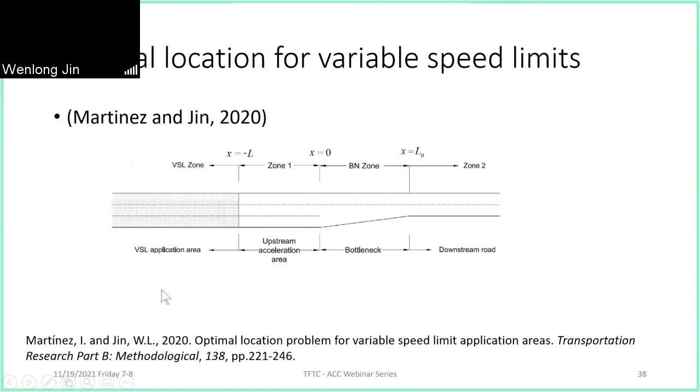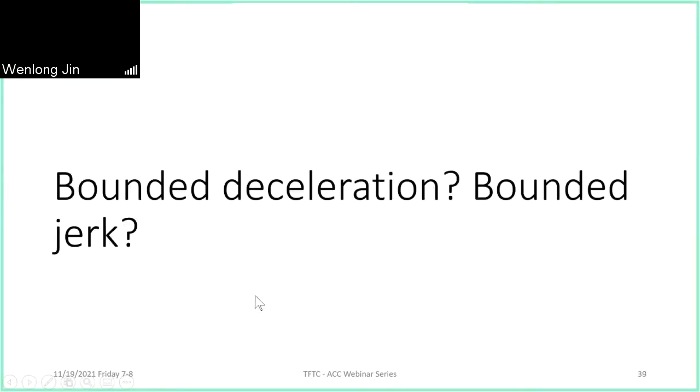She was able to solve it and find that indeed there is an optimal location for variable speed limits. Basically, if this variable speed limit zone is too close to the bottleneck, then the capacity drop cannot be eliminated. It has to be sufficiently farther away, but it cannot be too far away, right? If it's too far away, then it will create a queue, and you can further block upstream on-ramps and off-ramps. So that was a really nice study with a novel problem, formulation and solution method.